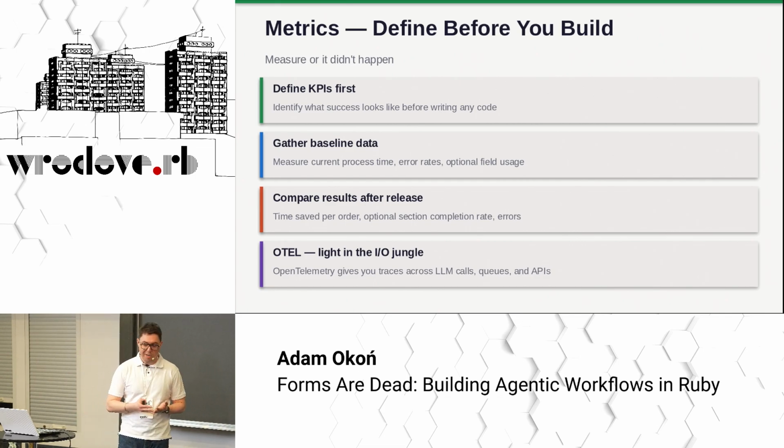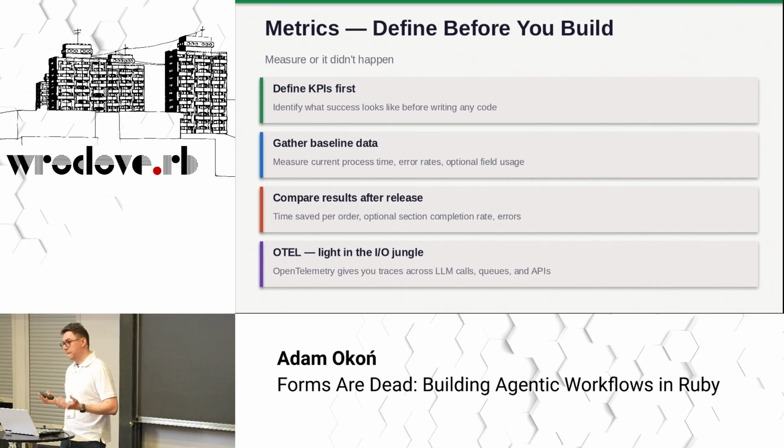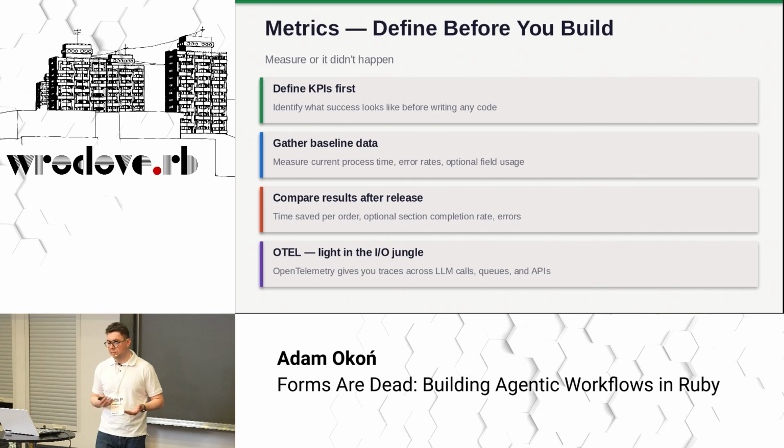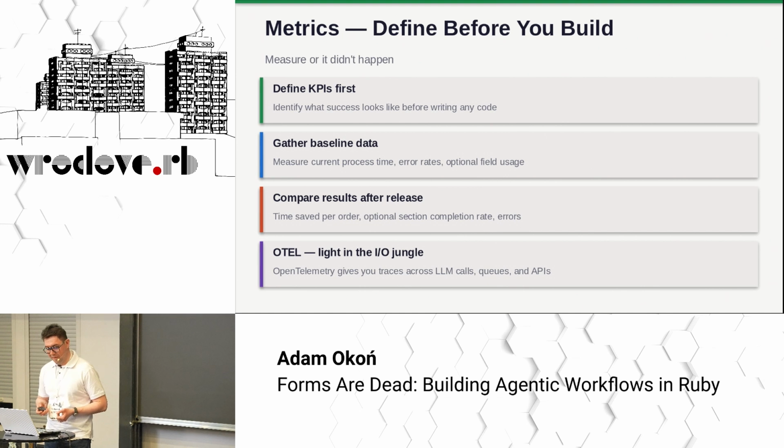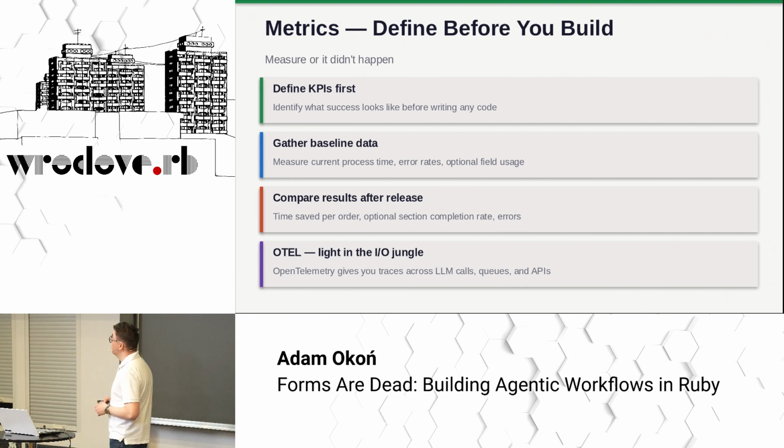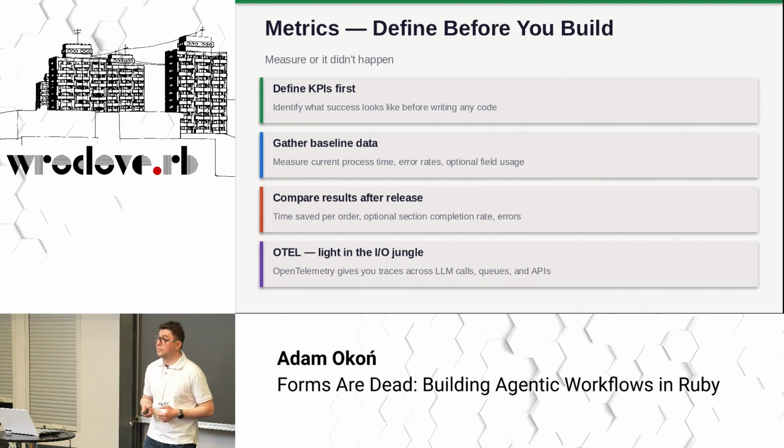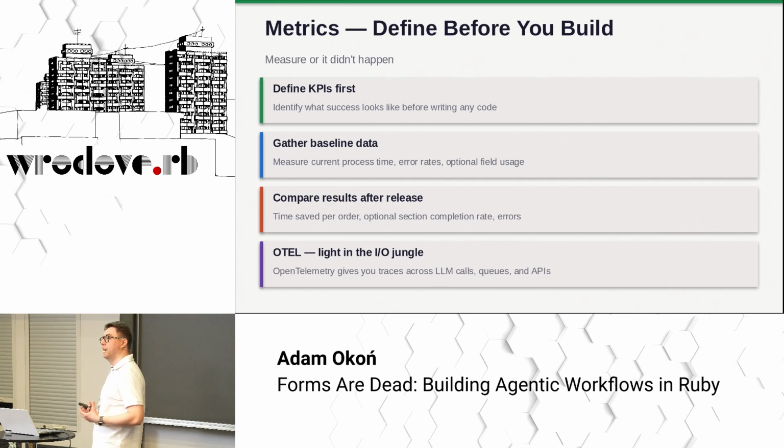You may record such activities over some time, and after you release something, compare, and then you will see the final results. Count the time to build that solution, the tokens to build that solution, and tokens for the operations. And what is more important, use some kind of observability tools to verify what's going on inside this process. OpenTelemetry is a great tool for that.